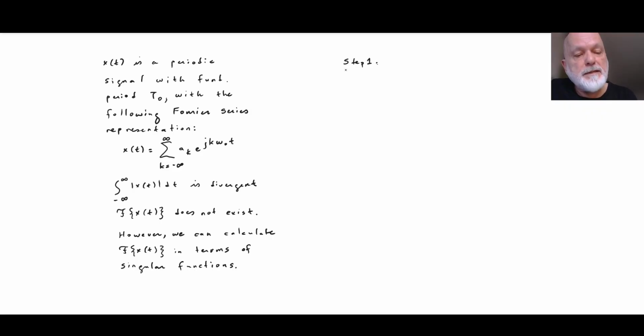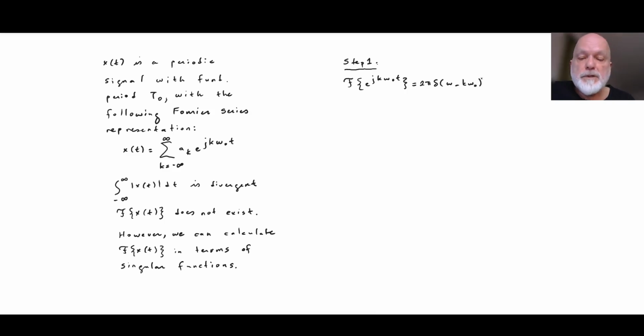The first step is the Fourier transform of e to j k omega 0 t is equal to 2 pi delta of omega minus k omega 0.